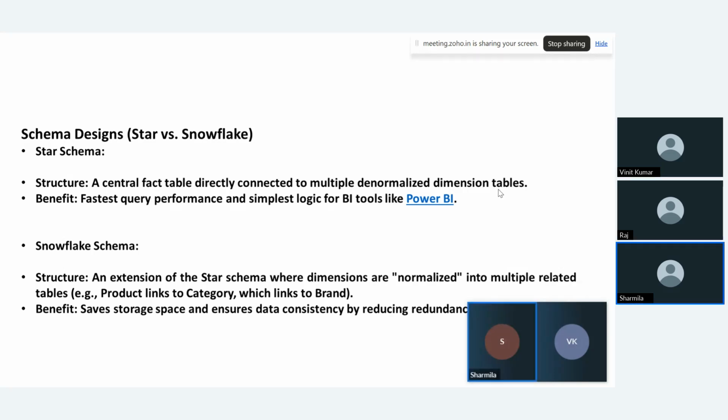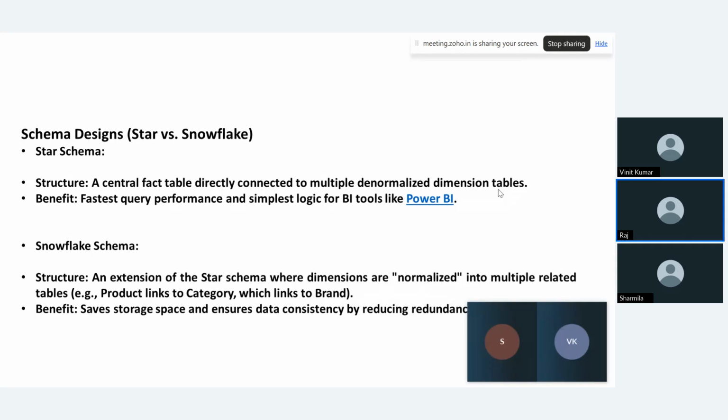Generally, in star schema, tables are denormalized. In snowflake we have normalized tables. If we have denormalized tables, the speed is going to be faster, as we are going to have far fewer joins.